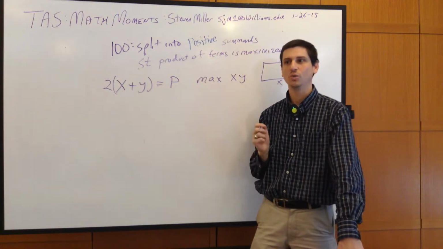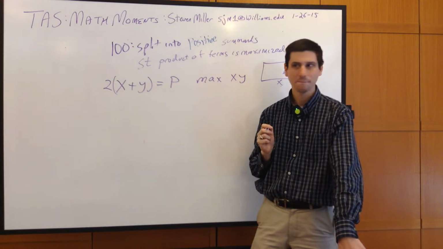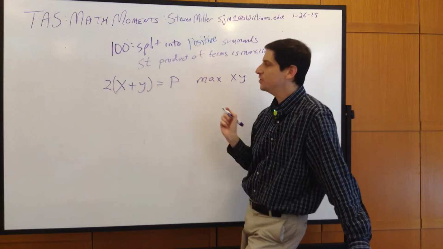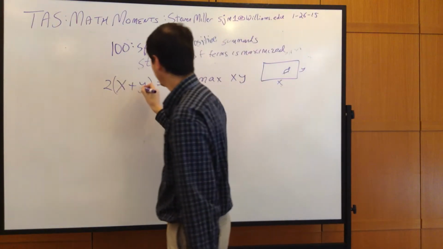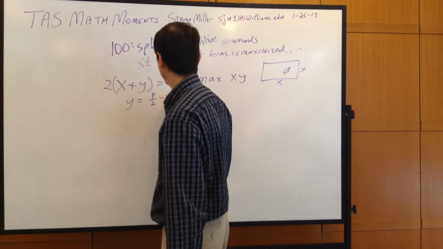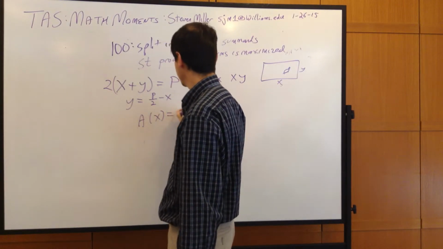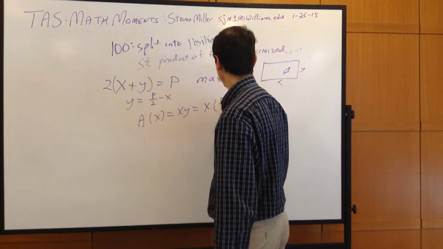A square. Why? Half the fencing is width and half the fencing is height. So how do you prove it's the square? If I solve this, I get y equals p halves minus x. So the area as a function of just the one variable x is x times p halves minus x.